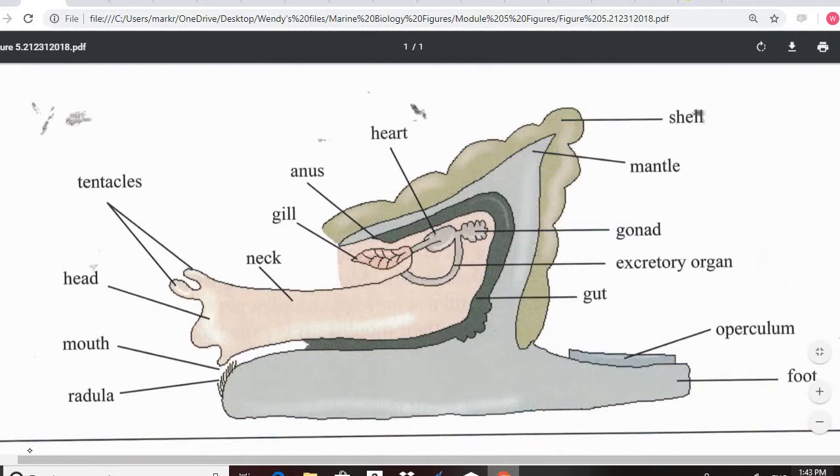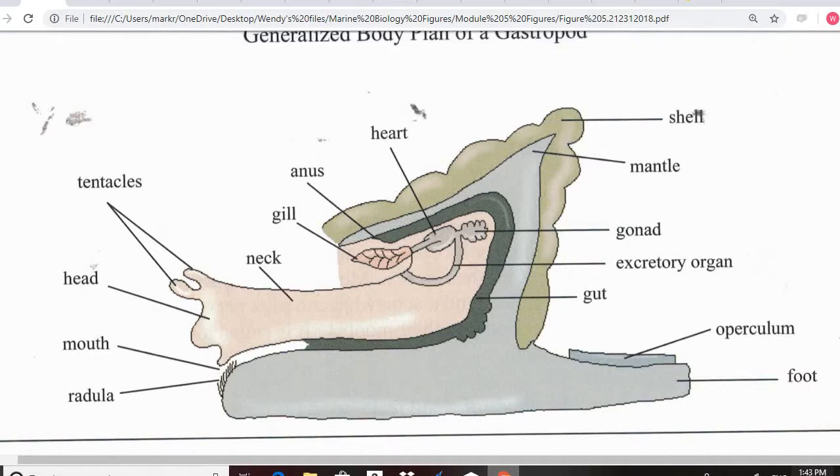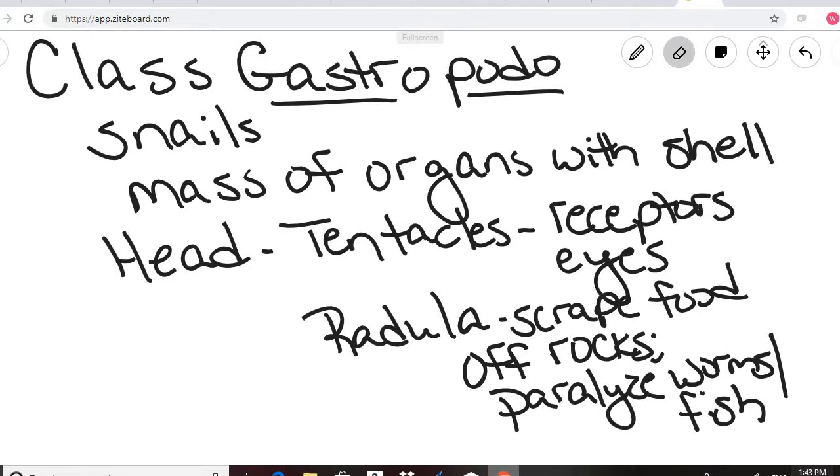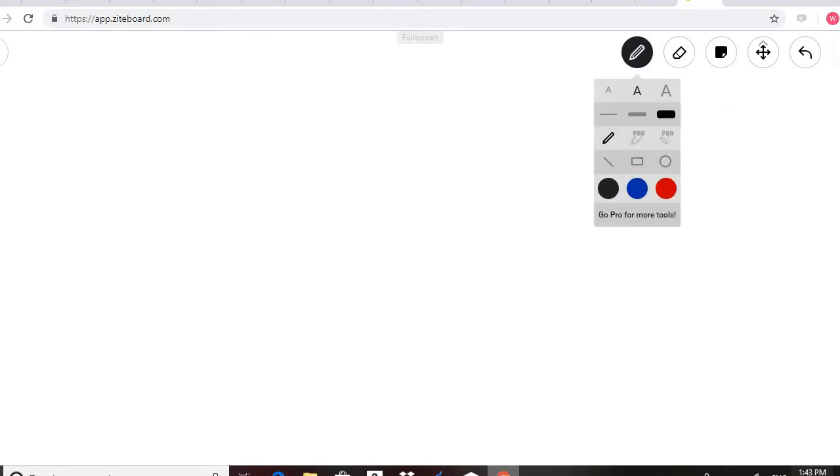I guess one thing I did not mention previously was this operculum. An operculum is a structure that covers an opening. Maybe we'll go back to the whiteboard and I'll write that on there. So we'll see this in some other organisms. I think we studied it in biology.